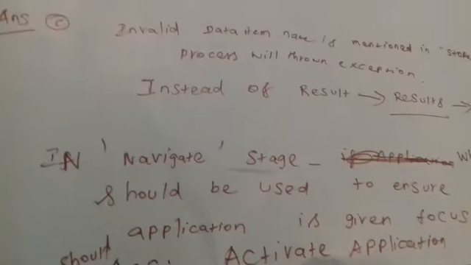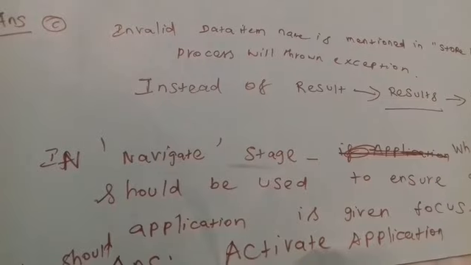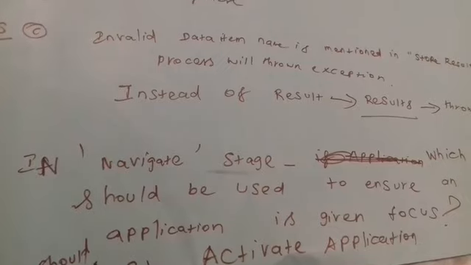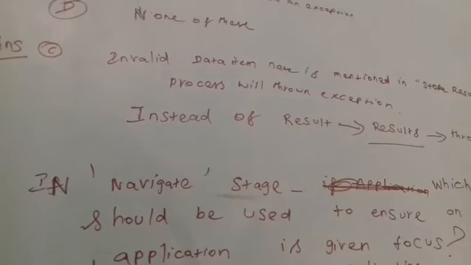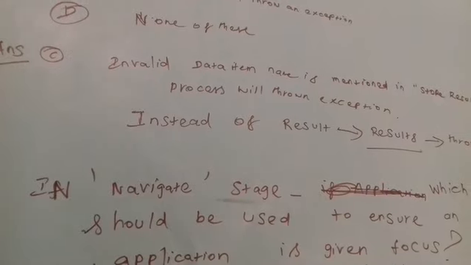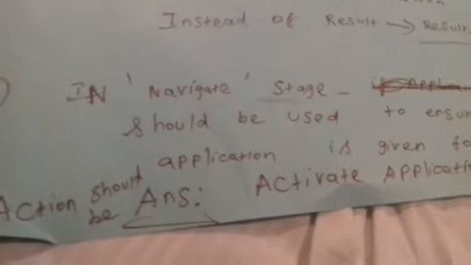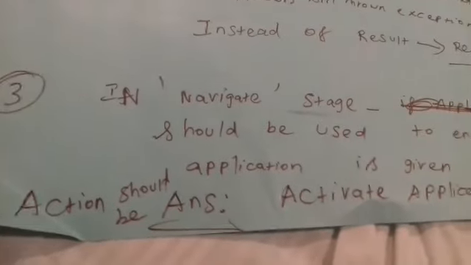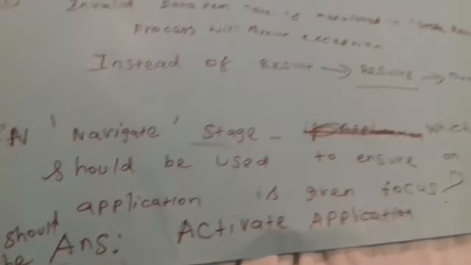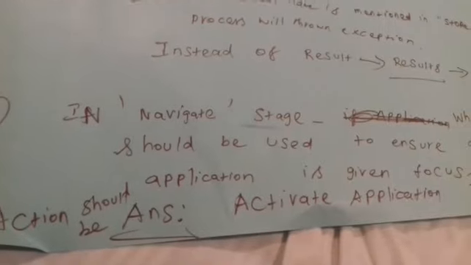So you are running one application in the navigate stage, and it is already running, so you just have to focus on it. If you want to focus on it, you have to use the Activate Application action.